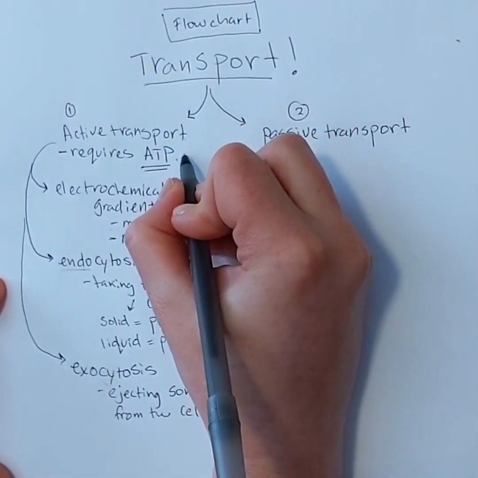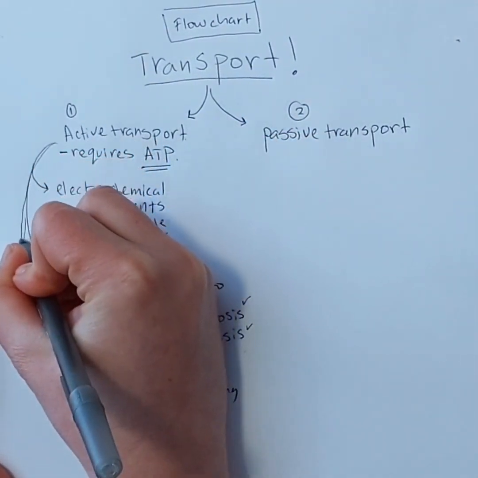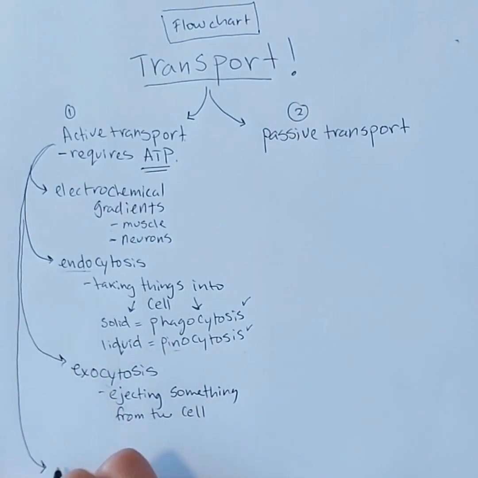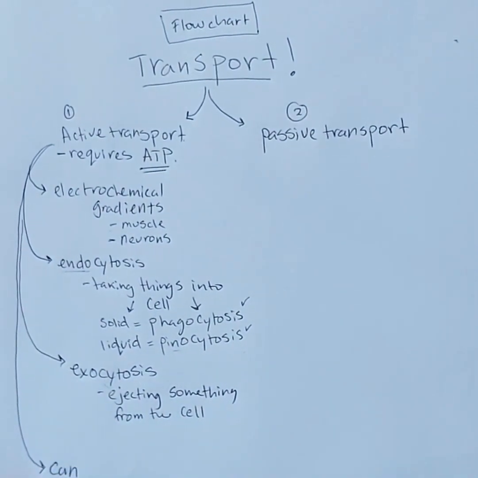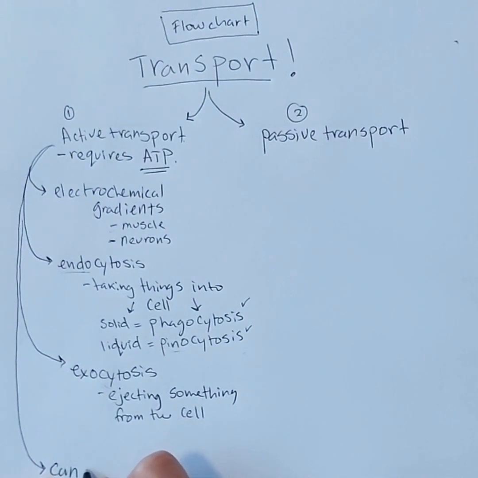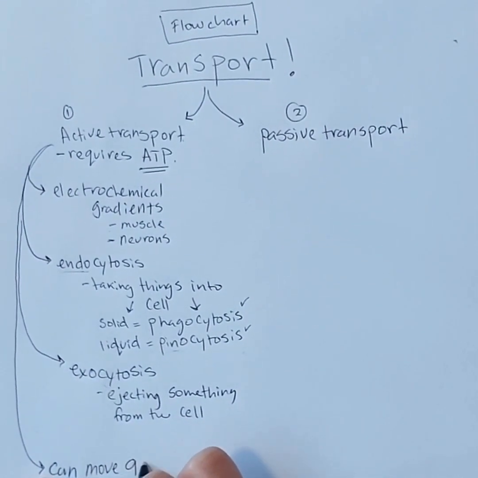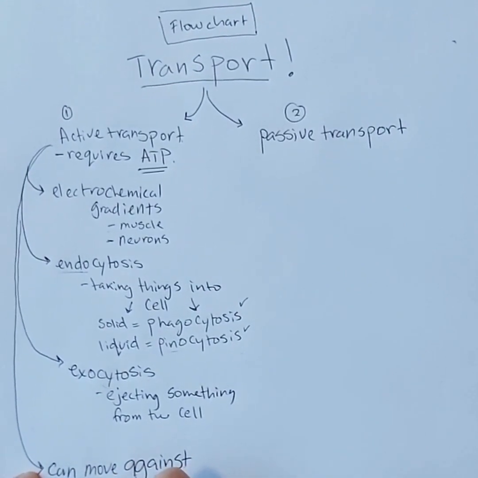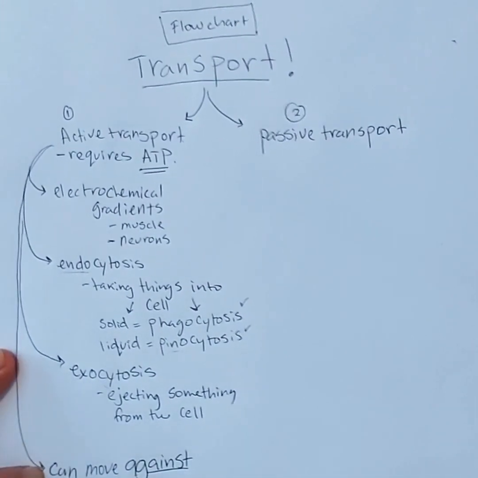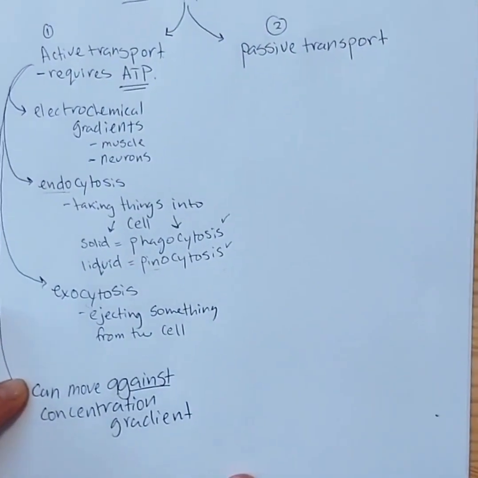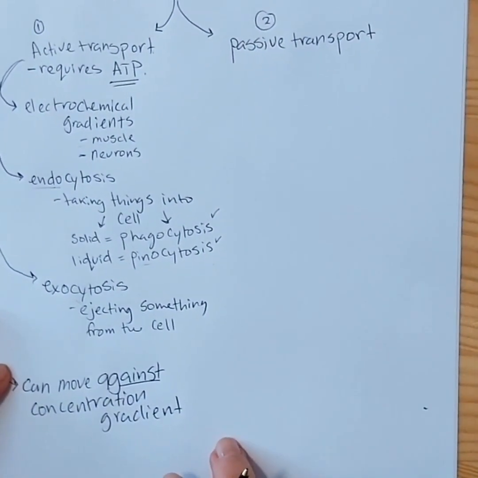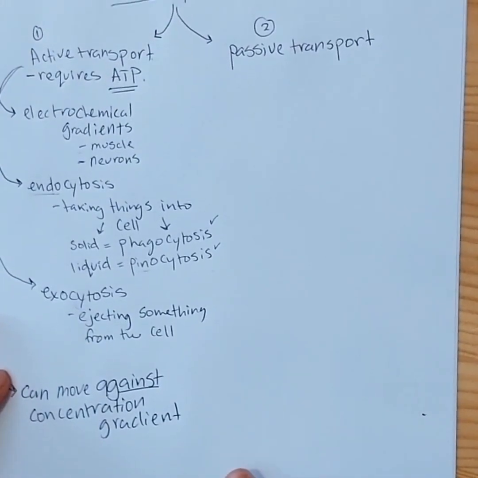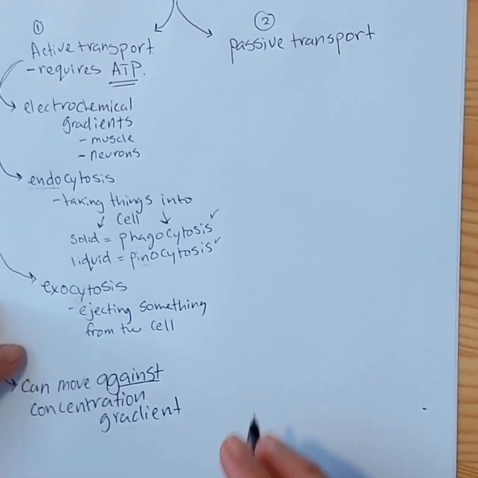Something else that's important for active transport is that it can move things against its concentration gradient. Now that against is different. That's not really a normal thing for a cell to do, because cells like to move things from high concentration to low concentration.